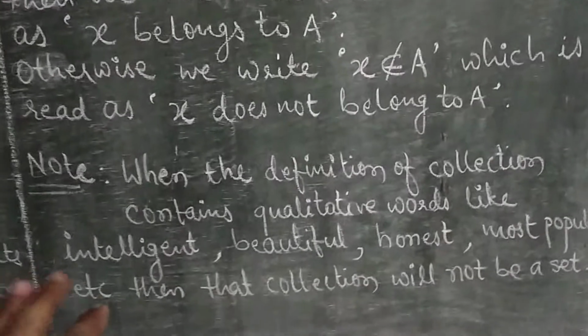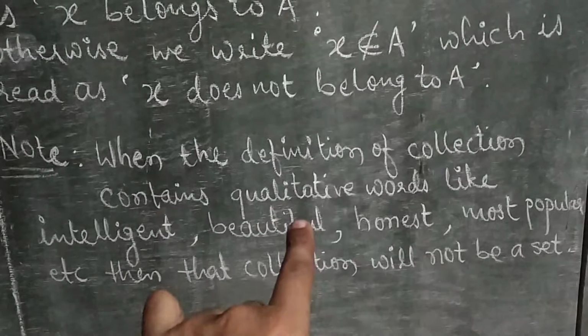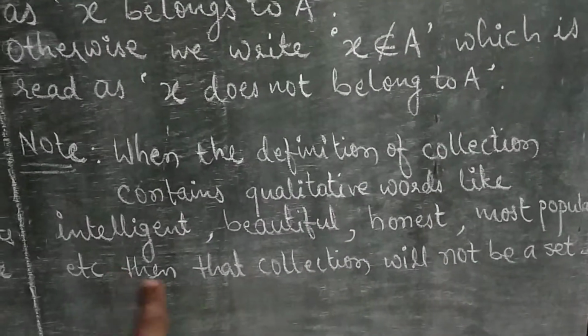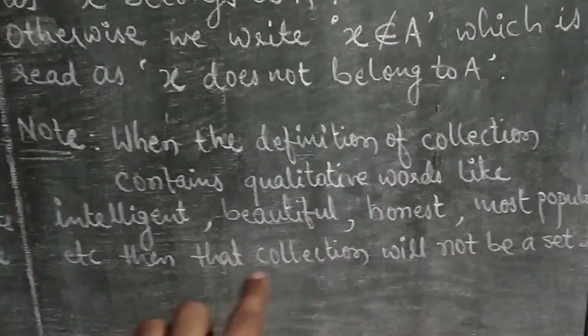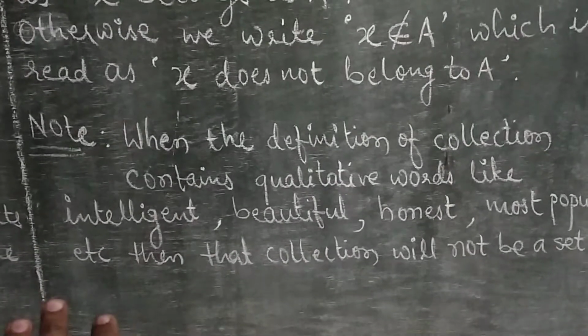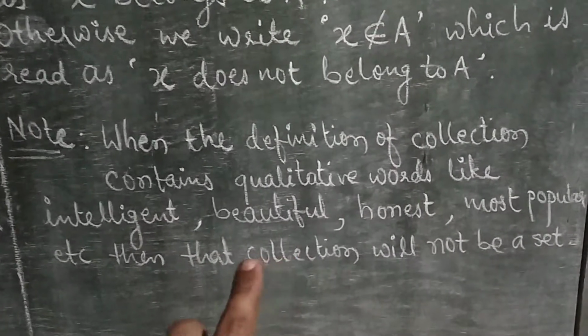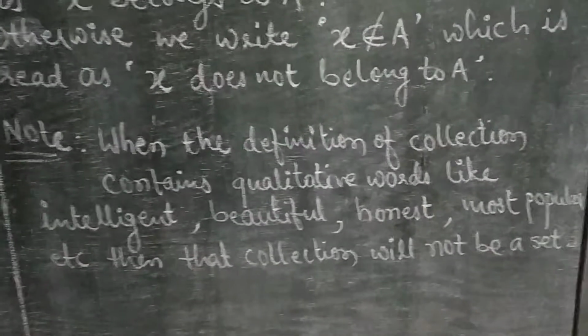Here is one important note. When the definition of a collection contains qualitative words like intelligent, beautiful, honest, most popular, most famous, etc., then that collection will not be a set. Remember these words, okay? And there are many more qualitative words.